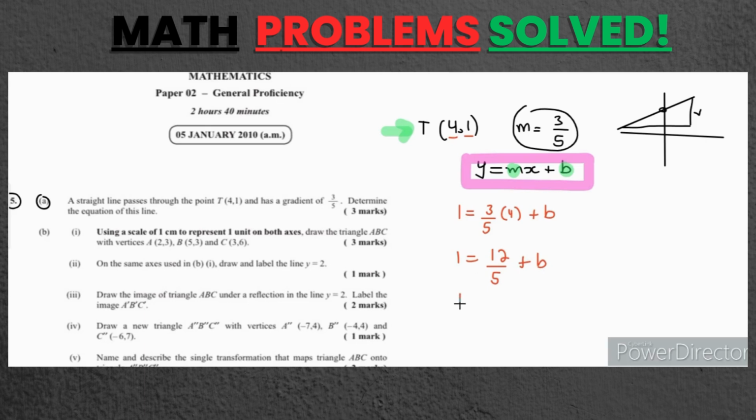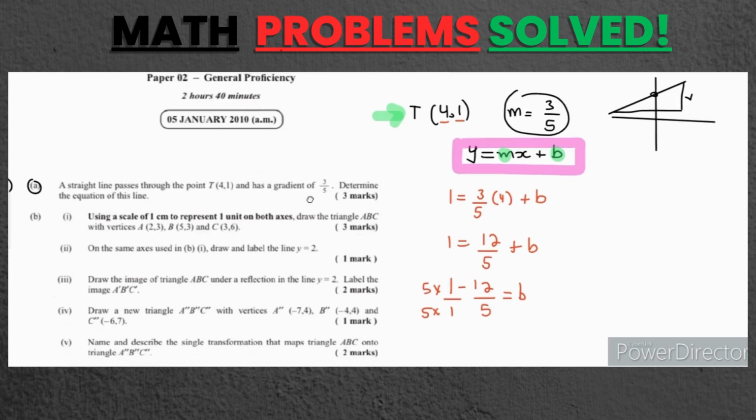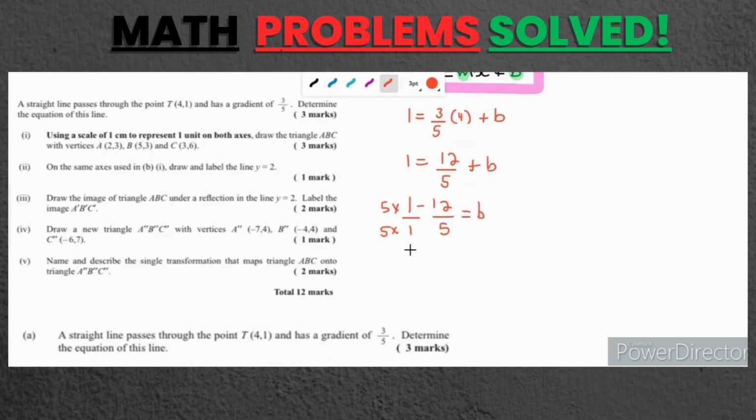If we simplify it further, it becomes 1 minus 12/5 equals b. If we equate the denominators, we multiply by 5, so it becomes 5/5 minus 12/5.